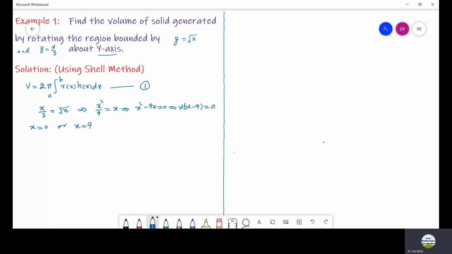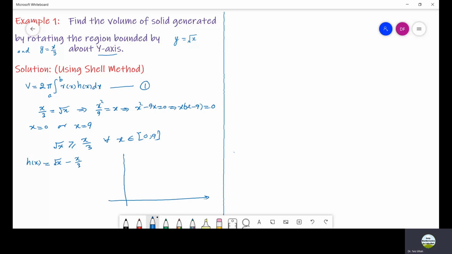Now we need to find the greater curve inside this interval. So if we put different values from inside this interval, we can find that under root x is greater than or equal to x by 3, for all x belonging to 0 comma 9. Now from here we get the height of the cylinder, which is h of x is equal to under root x minus x by 3. Let us see this by the graph.